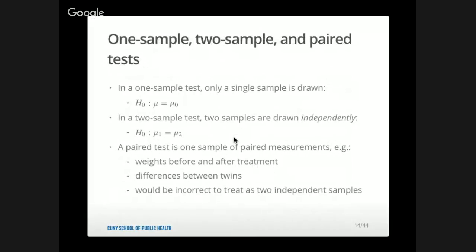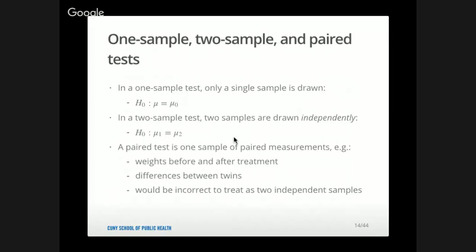And just to add to the possibilities here, there is also the paired test. So in the one sample test, we draw a single sample, compare its mean to a theoretical mean under the null distribution. In the two sample test, we compare the means of the populations from which the two samples were drawn.